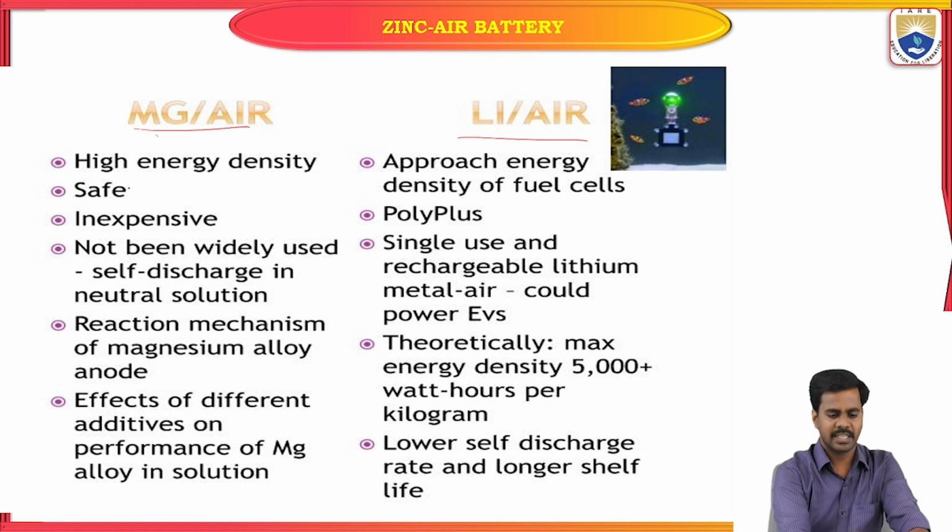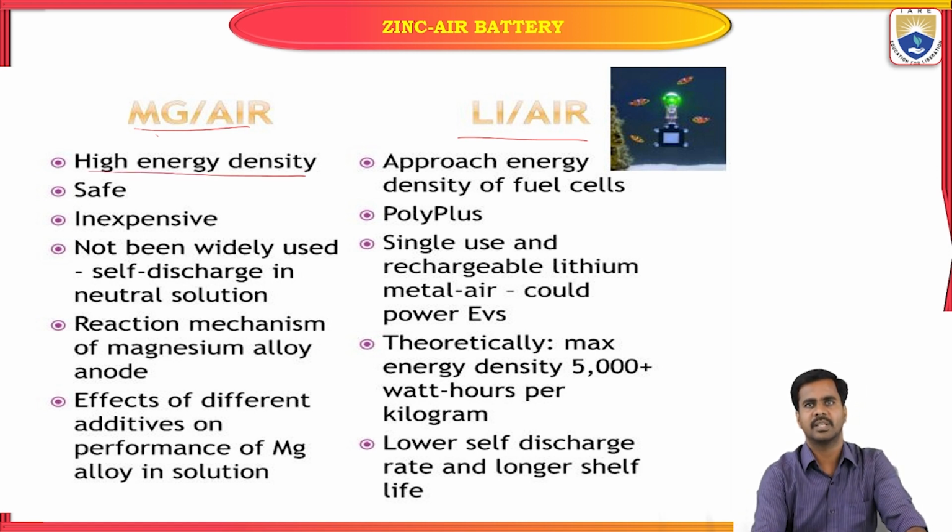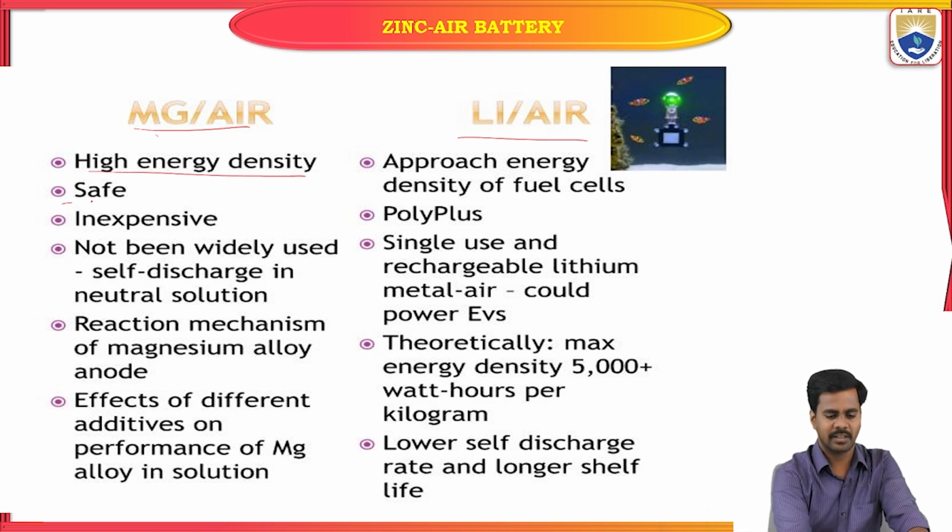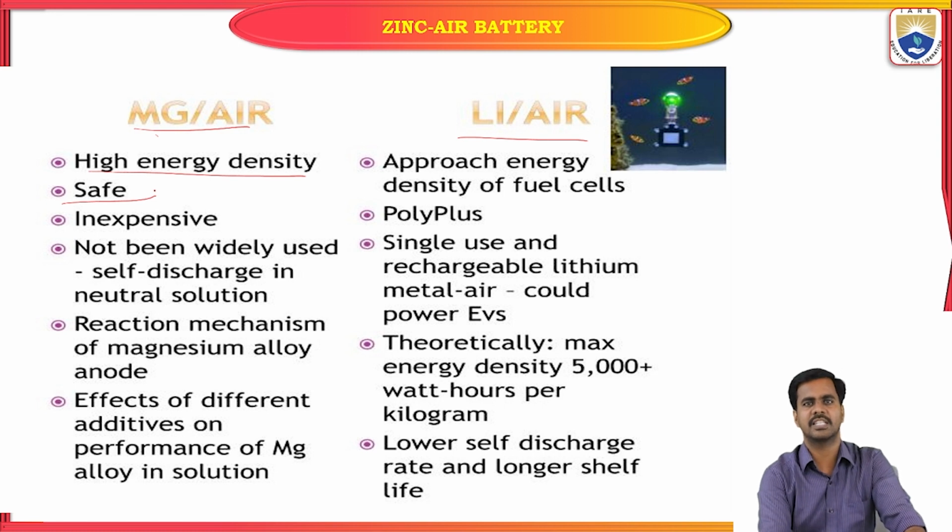Mg air batteries are high energy density batteries, and lithium air batteries are density of fuel cells. Magnesium air batteries are safe. Usage of magnesium air batteries is very safe. Usage of lithium air batteries is problematic.